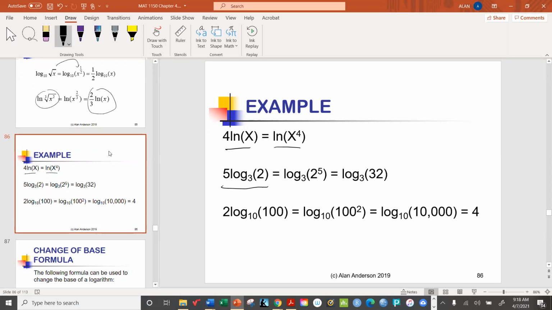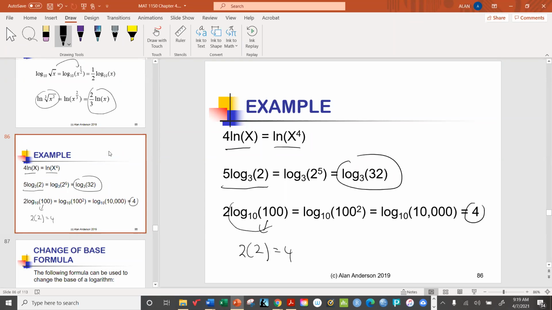Here, for example, if I take this and rewrite it as log base 3 of 2 to the 5th, it reduces to log base 3 of 32. And then this one, I can turn into log base 10 of 100 squared, which is 10,000. It turns out this is equal to 4, although I could have done this directly by noting that this is just 2 times 2, which is 4.